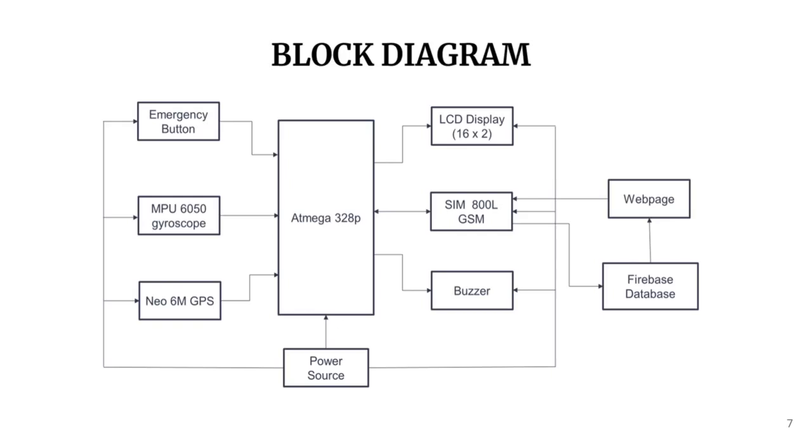The GSM module transmits the instant coordinates of our system to a Firebase database, and then we display the coordinates on a web page. We also use the GSM module to give the alert.